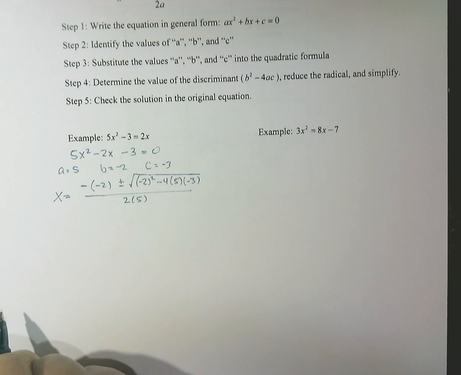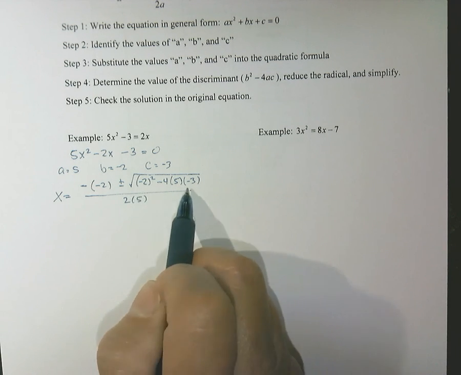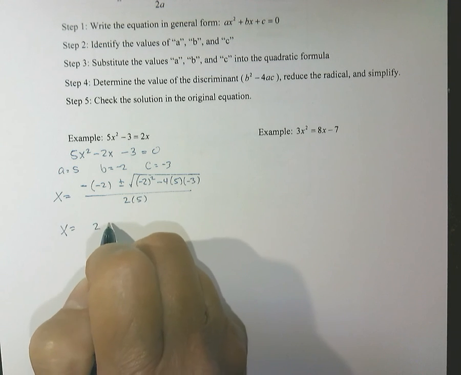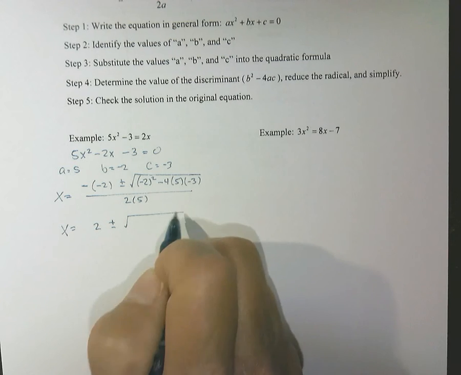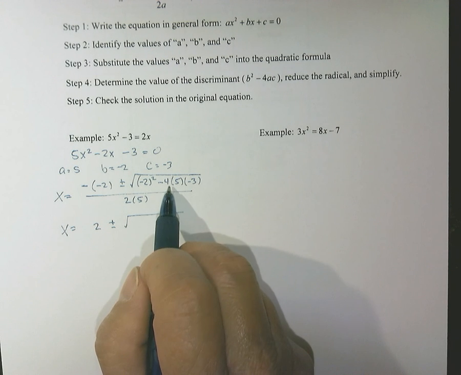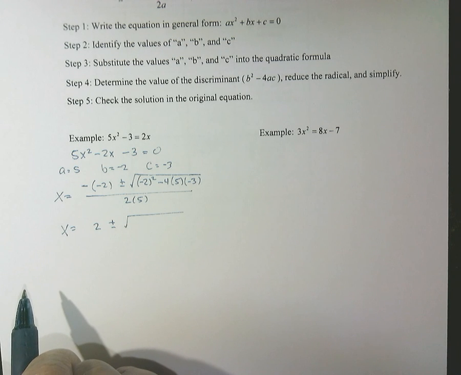So my next step is to determine the value of the discriminant. I want to figure out what this number is. So negative negative 2 is a positive 2, plus or minus. I would recommend doing this in your calculator, but I've got 4 minus a negative 60.